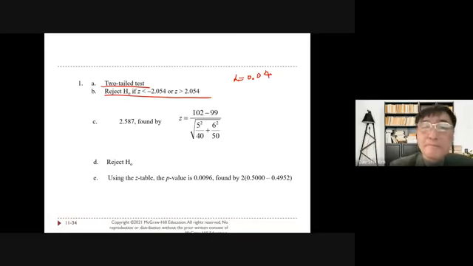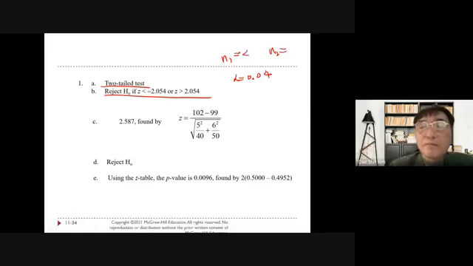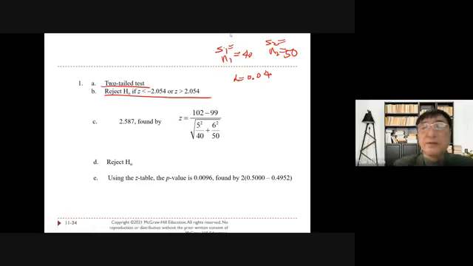N1 and N2, you need to write down: N1 is 40 and N2 is 50. S1 is 5 and 6. X1 bar and X2 bar are 102 and 99, right?